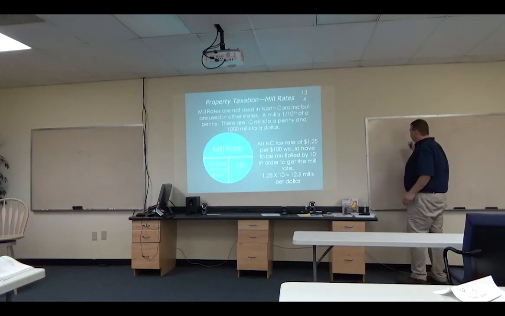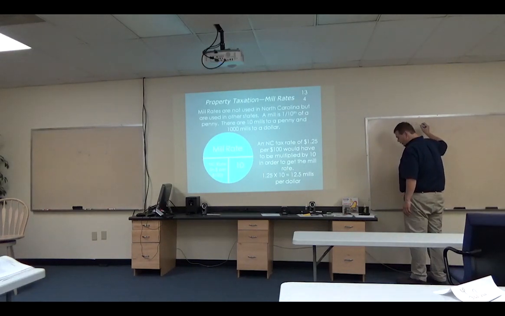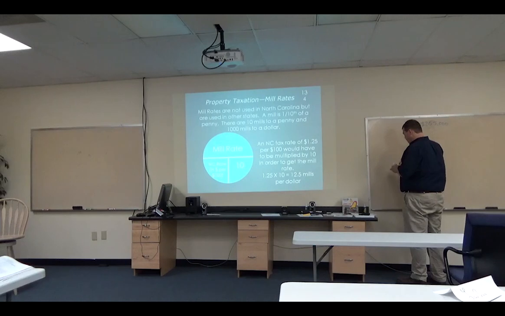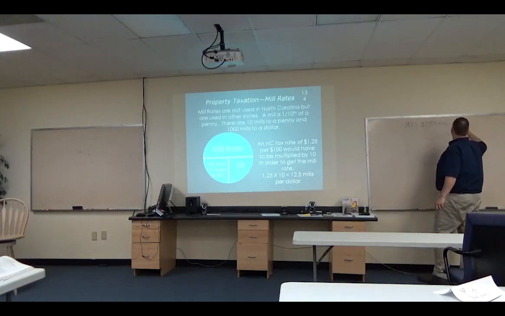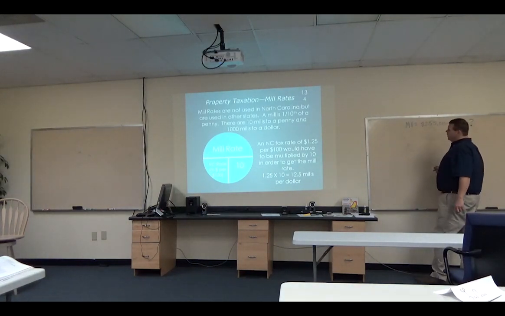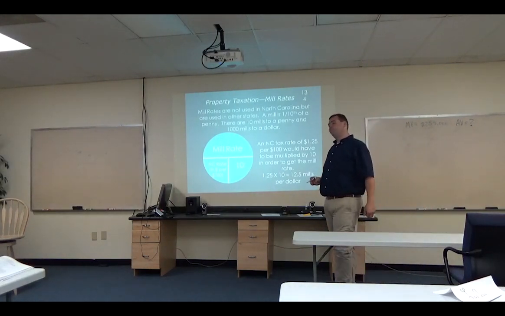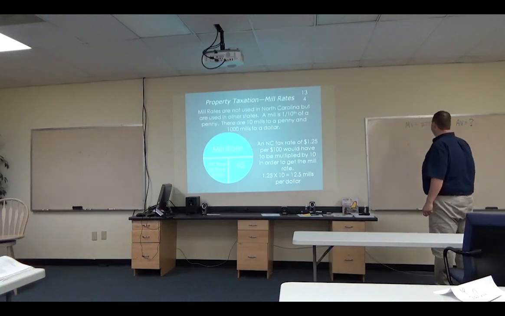So what they've told us is that the market value of the property is $255,000. We want to get to an assessed value for the same property. What does it tell us about the relationship between the market value and the assessed value in Michigan? 65%. That the assessed value is 65% of the market value.